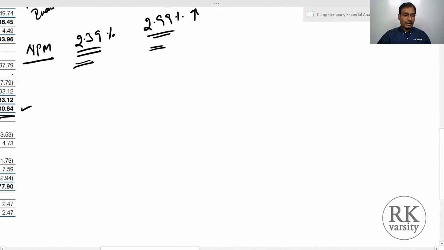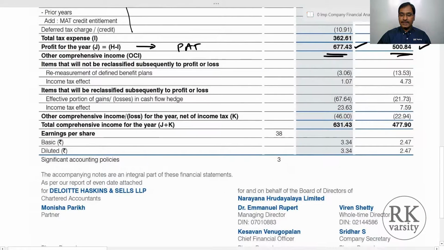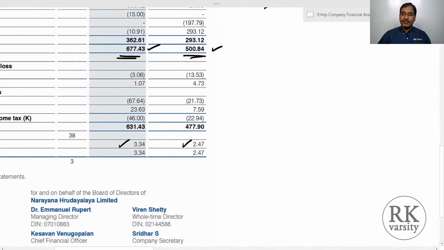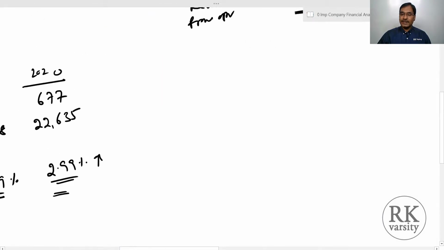And if you look at Narayana Hrudayalaya, then the earnings per share is hardly 3 rupees. So 3.34 and 2.47. In the sense, each shareholder is earning rupees 3 on their investment in Narayana Hrudayalaya, whereas rupees 15 in case of Raymond's.